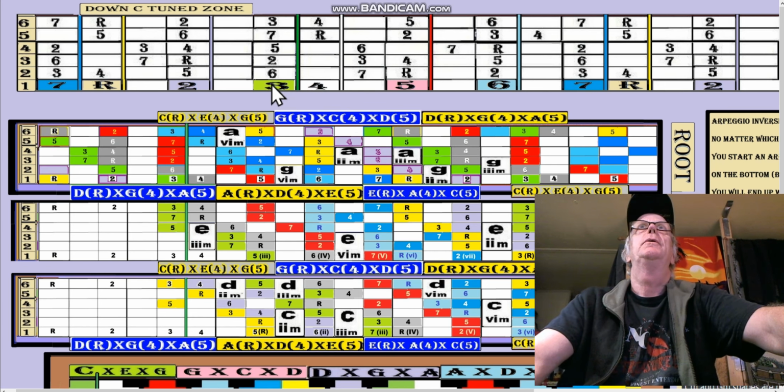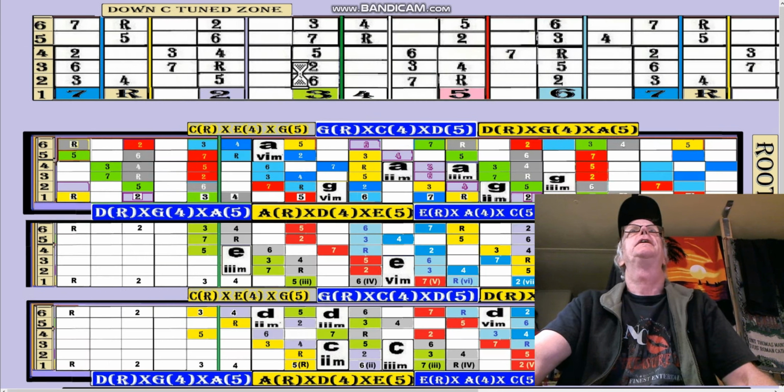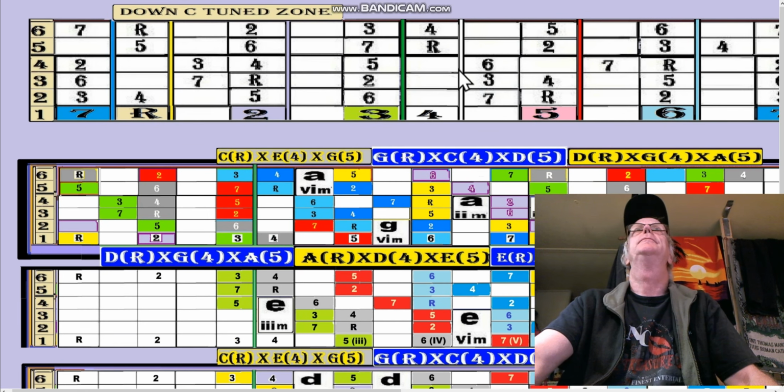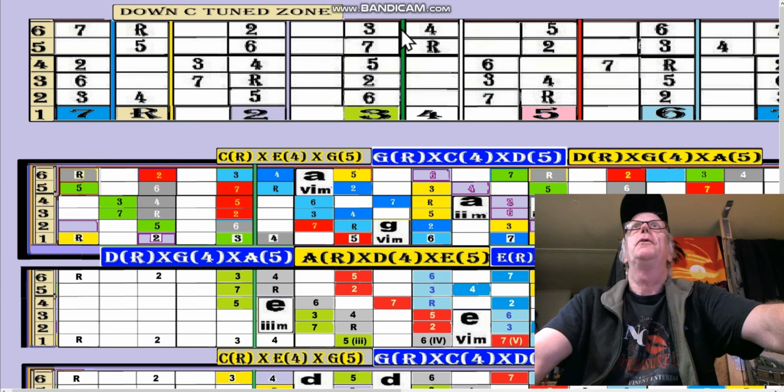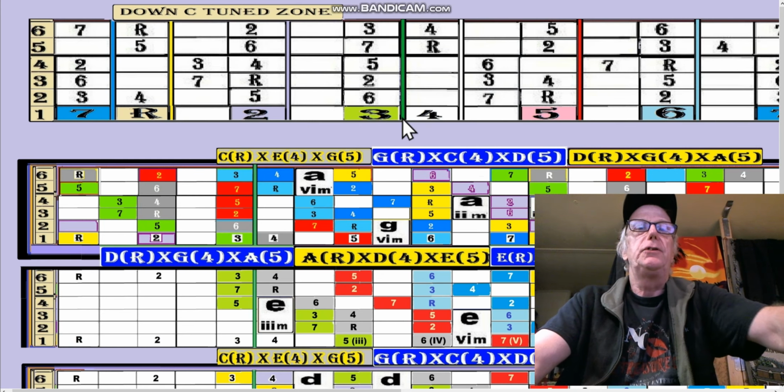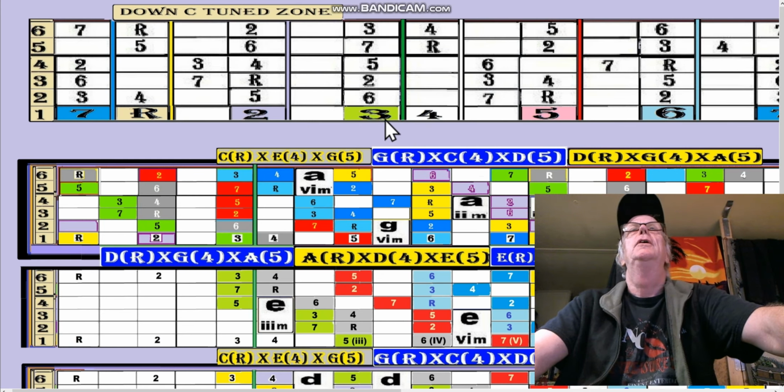But let's look at the fret nuts as they're already drawn here. So this is the regular E-tuned fretboard, where E is the third in this drawing. It's E-tuned, but it's the key of C, because we're designating E as the third.